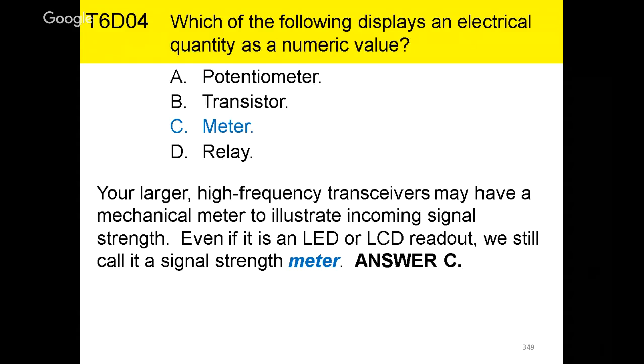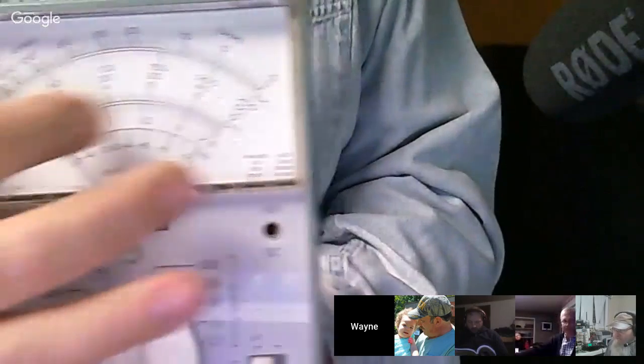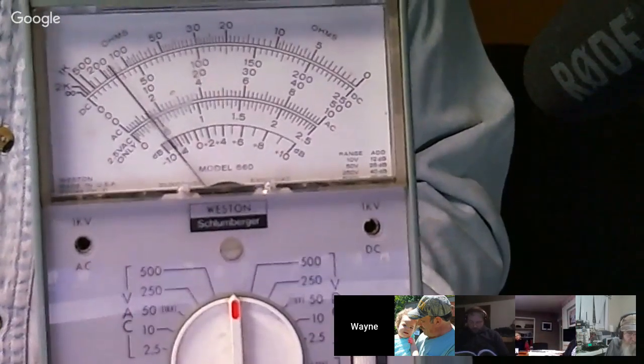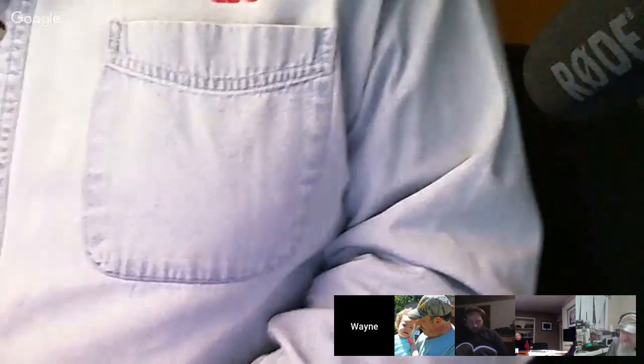And real quick, I'm going to show you, I showed you some digital meters the other day. I do have this nice little Weston analog meter. When I test things, the needle moves around and gives me an indication of what value I'm looking at. So this is a pretty cool little meter. I've had it for a long time.